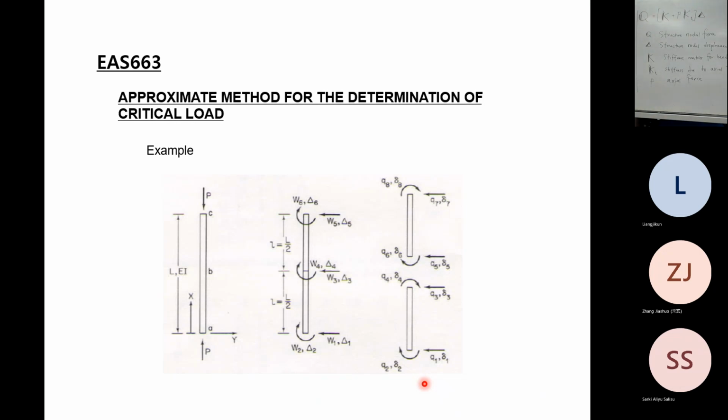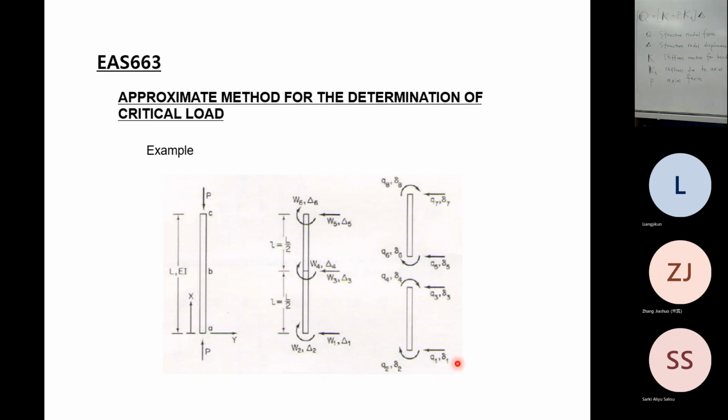You have one element like this, and then an element like this, then an element like this. They're oriented in different directions, so you need to know what is the x and what is the y for each element, because the directions of all these follow the coordinate at the element level.